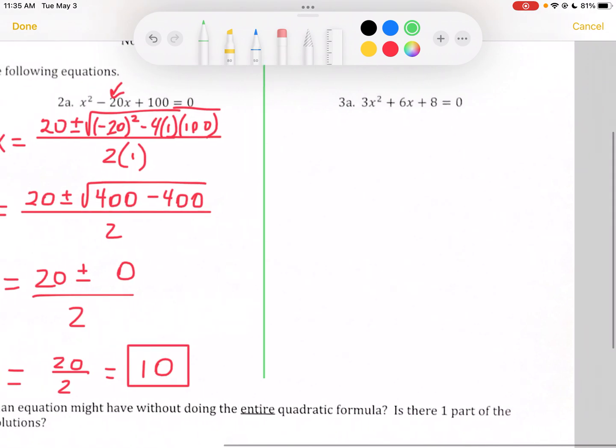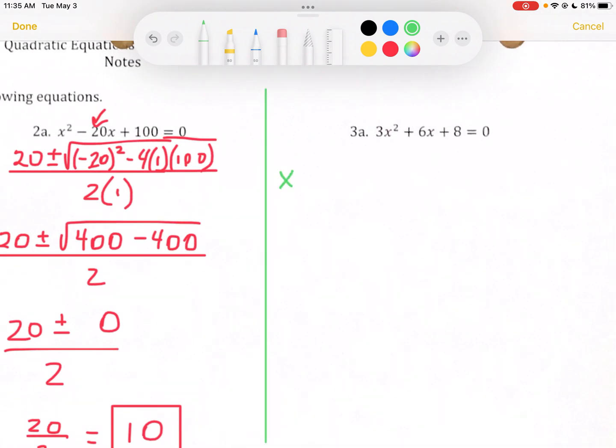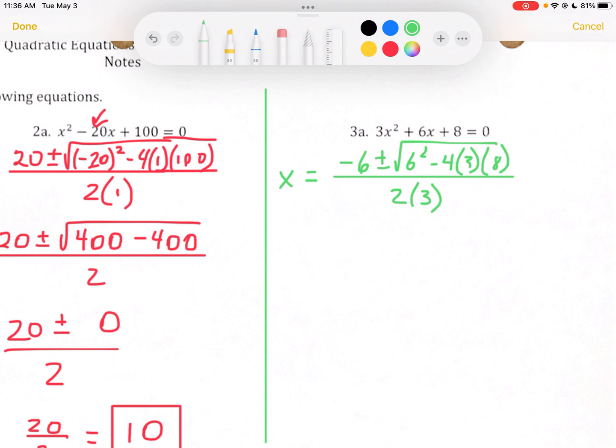Okay, last one. We go x equals negative 6 plus or minus the square root of 6 squared minus 4ac, all over 2a. So we have negative 6 plus or minus the square root of 6 squared, which is 36, and then you multiply all this. So 4 times 3 times 8. 4 times 3 is 12, times 8 is 96.